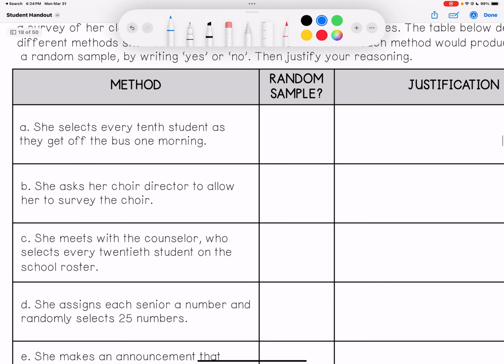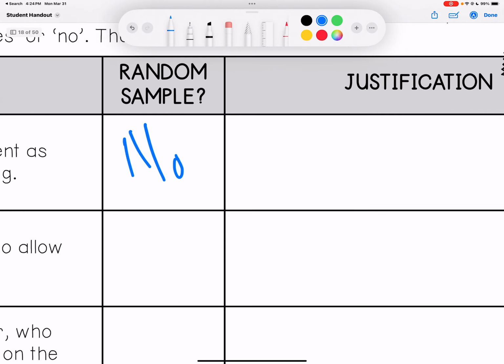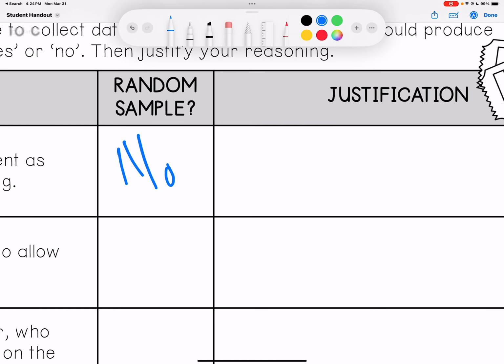All right, welcome back. First, she selects every 10th student as they get off the bus one morning. That is not a random sample. Why? Because it only includes people who ride the bus.